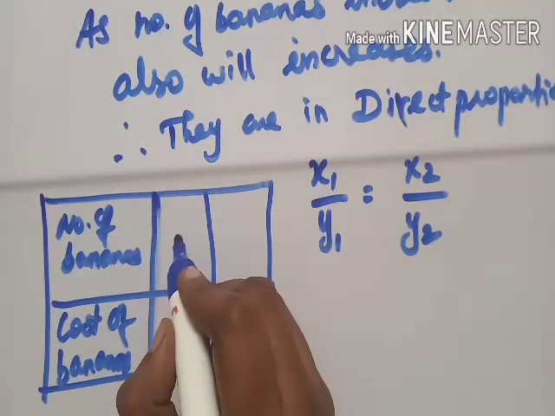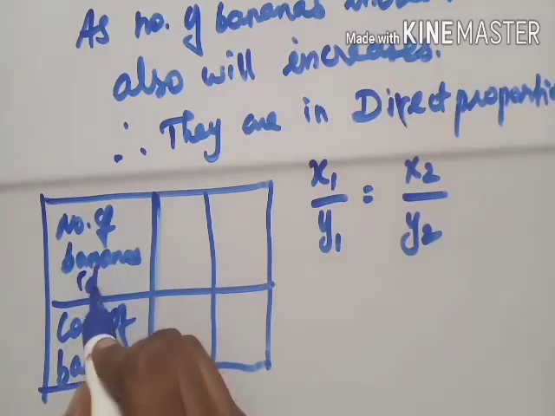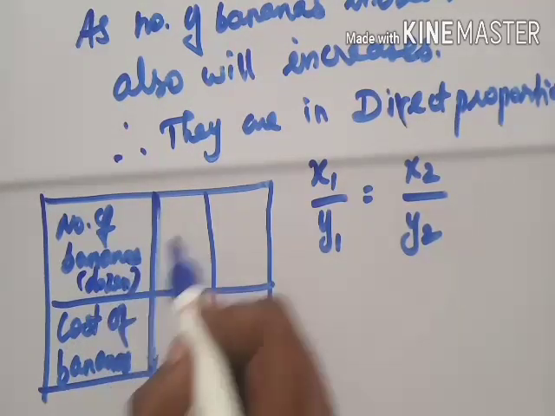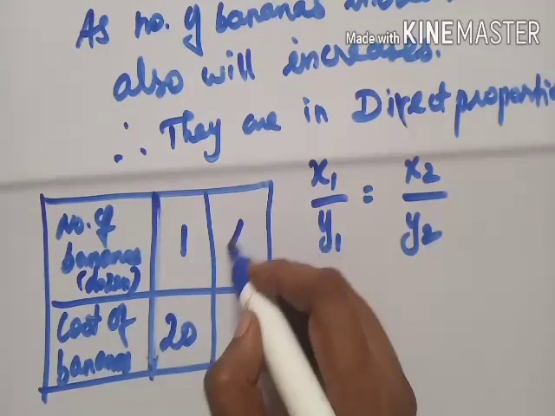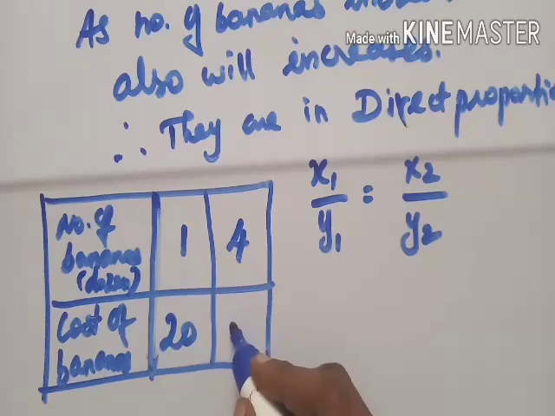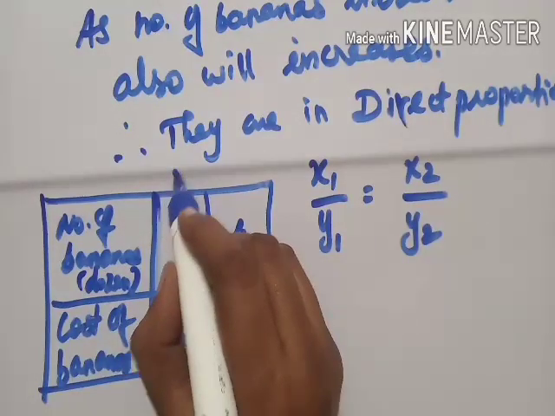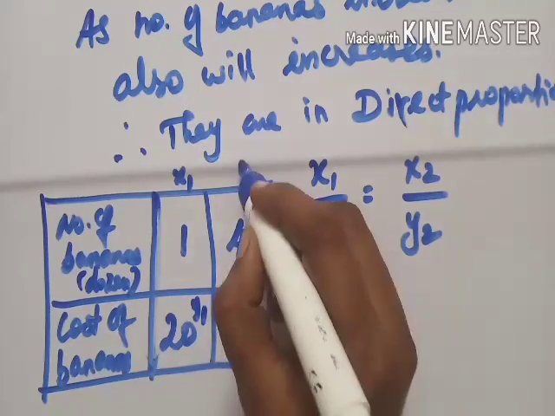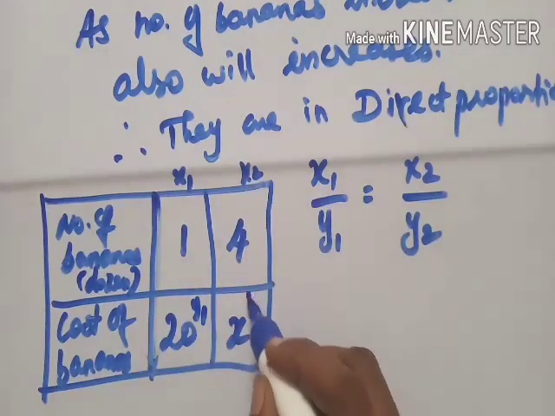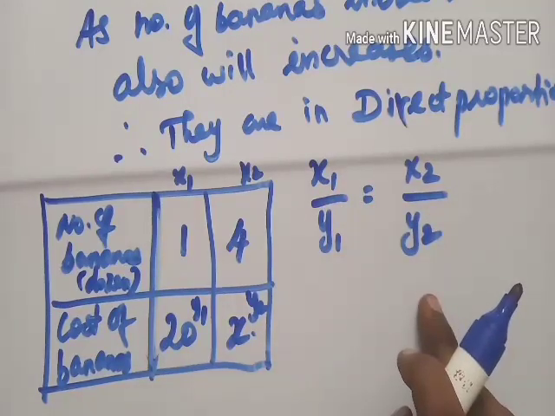First, for the number of bananas, I am going to take it in dozens. 1 dozen bananas cost is 20 rupees. We have to find out 4 dozen bananas cost, which here I take as X. Consider this first value as X1, this is Y1, this is X2, and this is Y2.